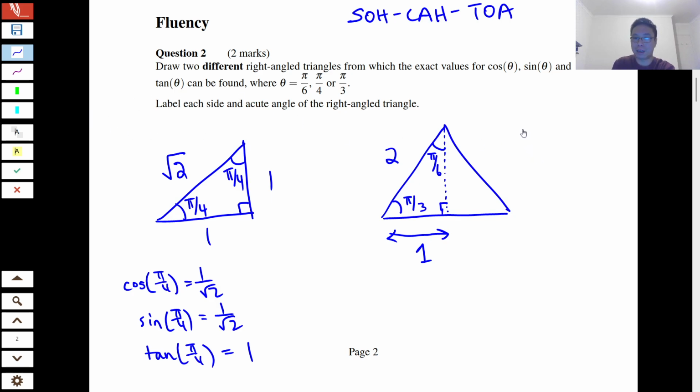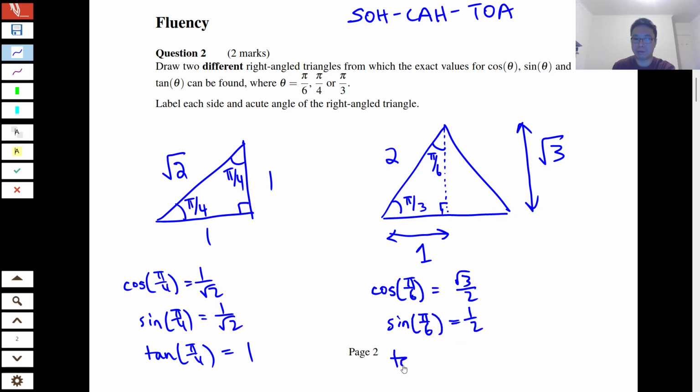And then this length here, where the triangle is split in half, is root 3. Based on this triangle, cosine of pi on 6 is root 3 on 2. Sine of pi on 6 is a half. Tan of pi on 6 is 1 on root 3.